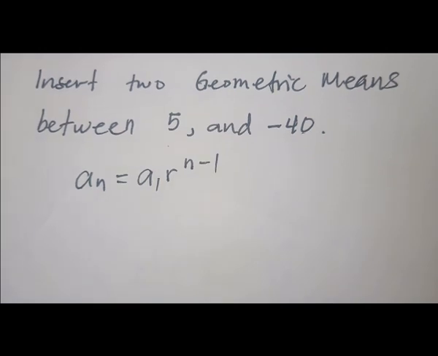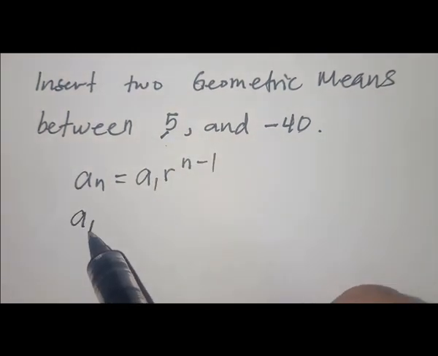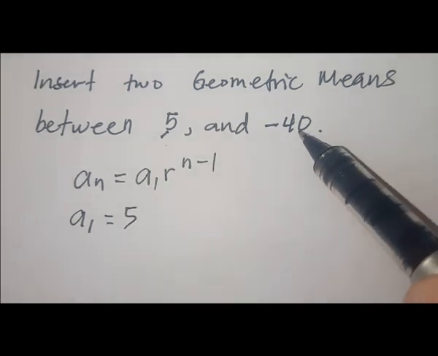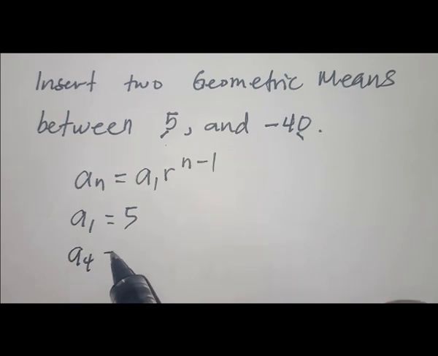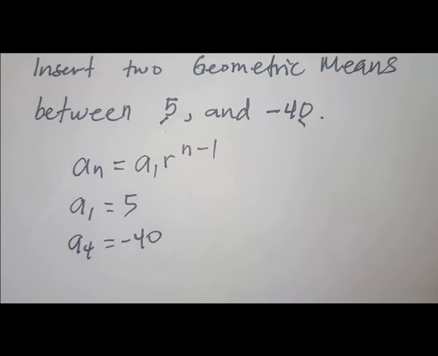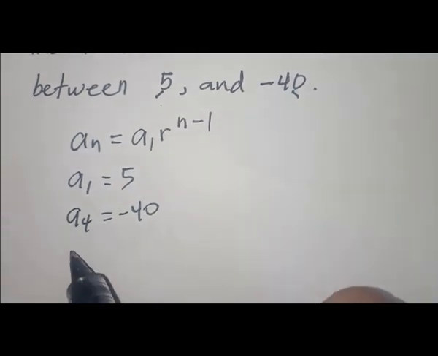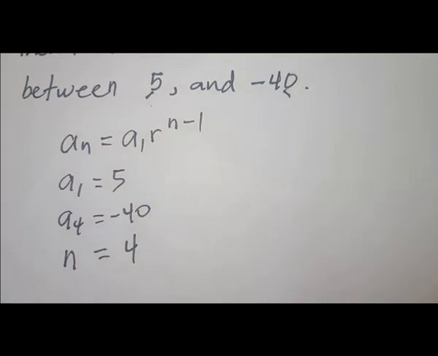So, dahil sabi dito, insert 2 geometric means, ibig sabihin, this will be our first term, or a sub 1, and this is our fourth term, or the last term, which is a sub 4 is equal to negative 40. Okay, so dahil meron naman tayong a sub 4 as considered as our last term, we have also the value for n, which is equal to 4.